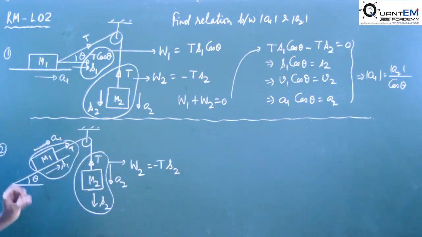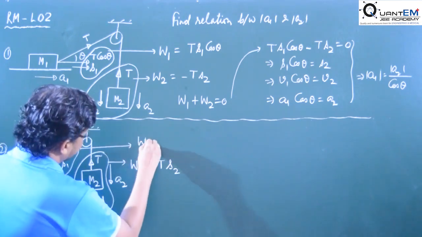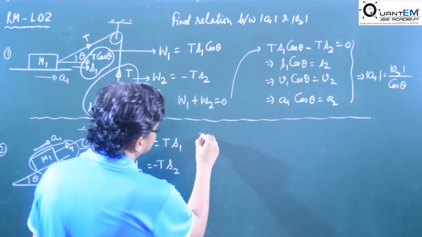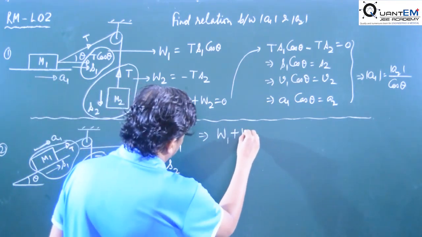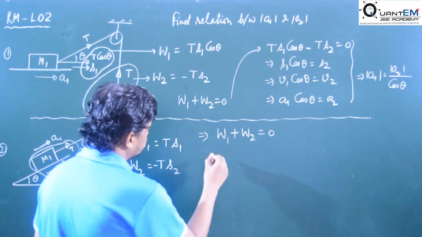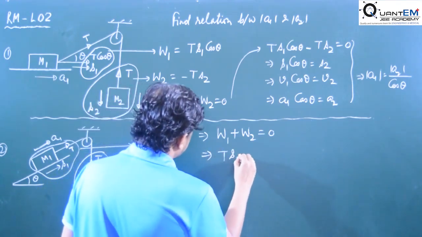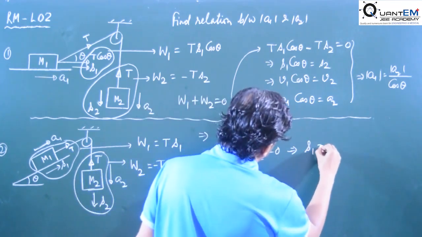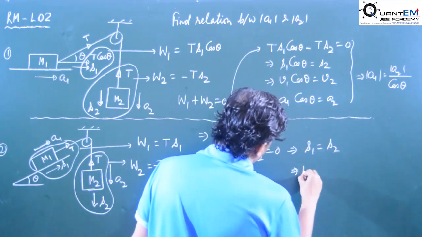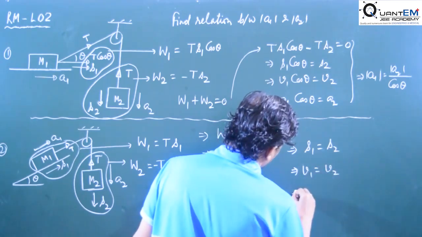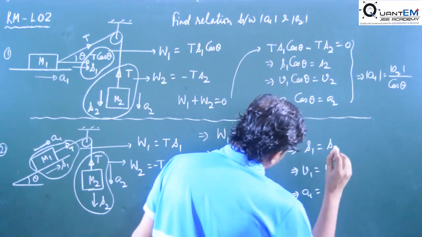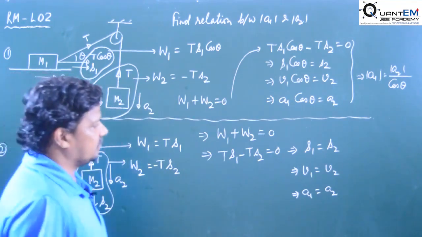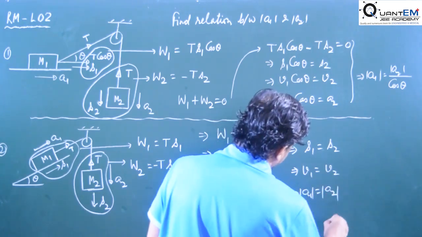These are in the same direction, so the work done here is T s1. Now the net virtual work is always 0, that implies T s1 minus T s2 is equal to 0. You get the result: v1 is equal to v2 and also a1 is equal to a2. In this way we find the relation between the magnitudes of the accelerations.